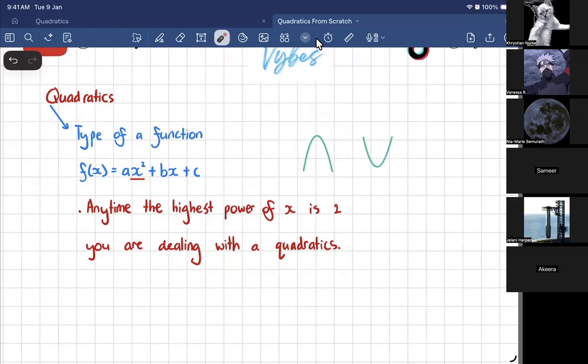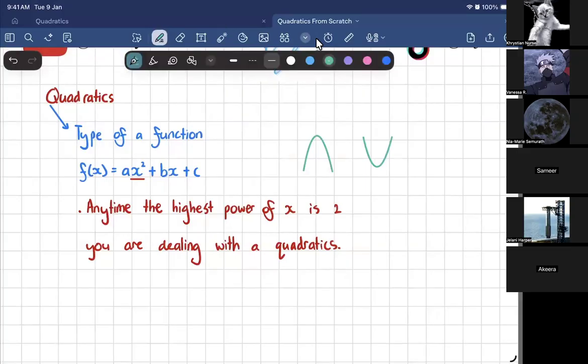Okay, so if we're going up to the top, would you say maximum or minimum? Maximum. So this is an example of a quadratic with a maximum turning point. We say maximum turning point because it's going up to the maximum point, then it's turning. And this would have a what point? If that one is maximum, what do you think the other one is going to be? Minimum. These things are more straightforward than you think.